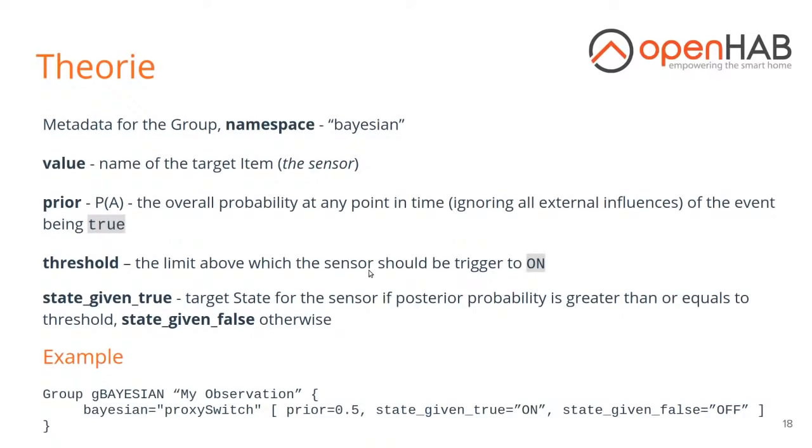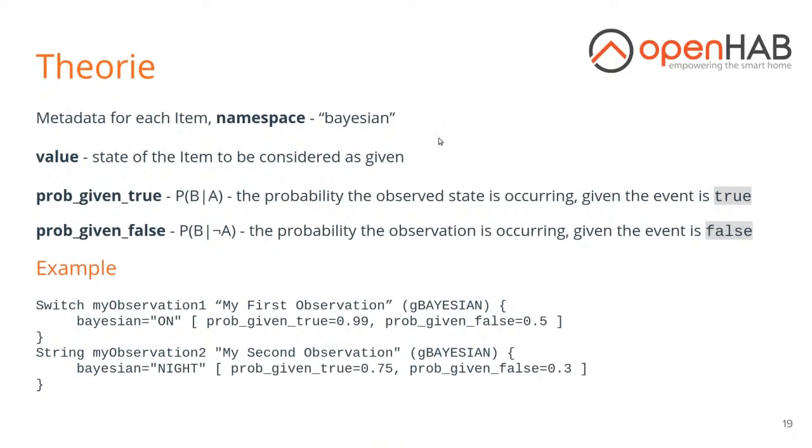Because you not only can use a proxy switch, you can use other item types too, like contacts, and then we want to have other states, or you maybe want to invert them. And then for each observation, we define an item.